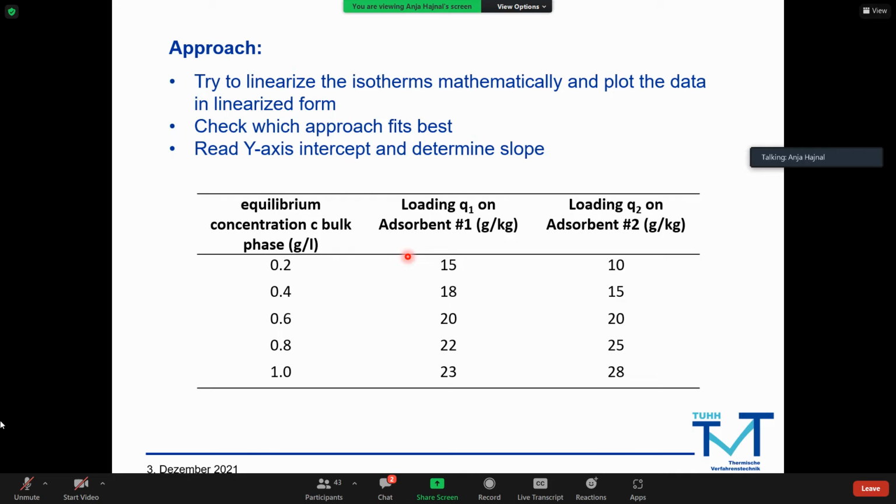In one model, you will get 1 over Q equals something, and in another model, you need to do the linearization by a logarithm. This is what you have on the second graph in the right bottom corner. So I give you 5 minutes, do it by yourself, and then we start together.